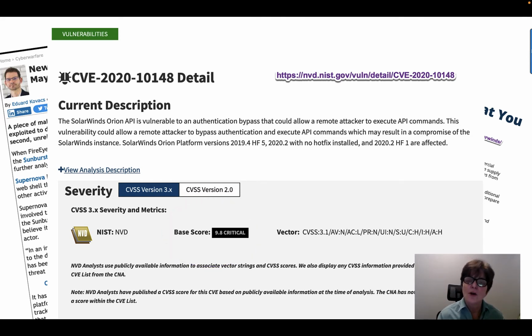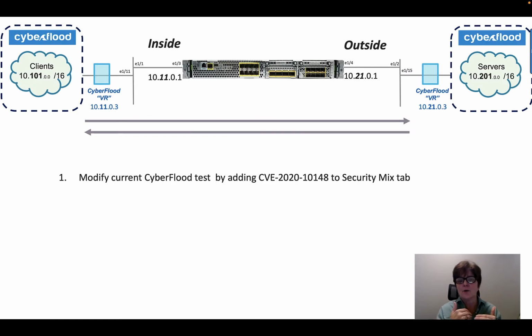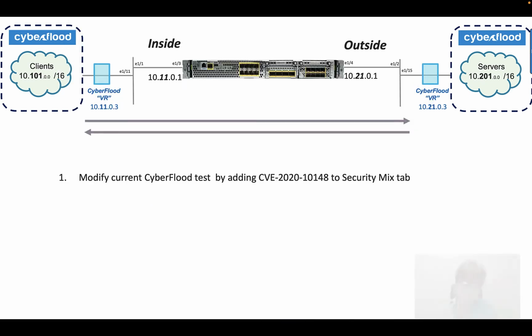So we're going to go into our current CyberFlood test, and we're going to add CVE-2020-10148 to the security mix tab. We're also going to talk a little bit about the traffic tab when we send tests from CyberFlood and the security mix tab. We're going to add it and tell the CyberFlood, you know what?